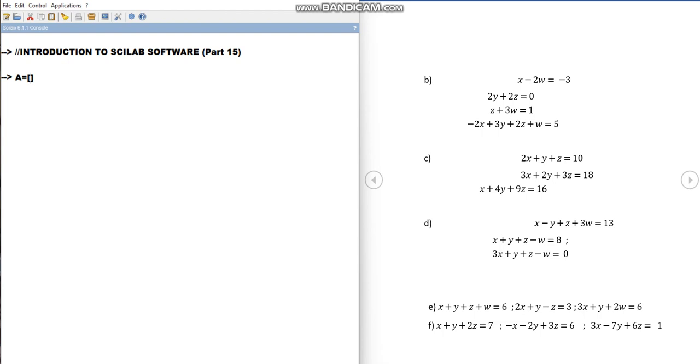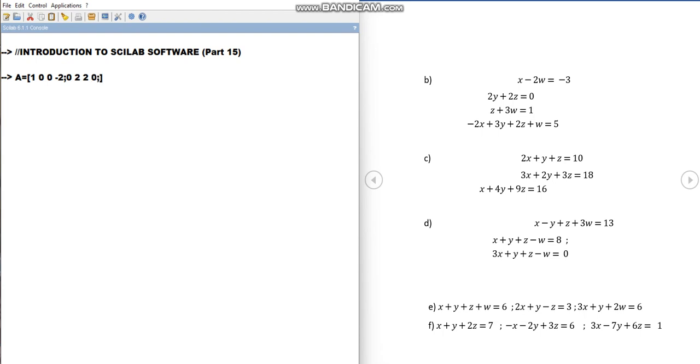So it is better if you write the matrix representation and then type here the actual coefficient matrix. But let us see how we can manage. A is a matrix where first is the coefficient of x which is 1, coefficient of y which is 0, coefficient of z which is 0, then coefficient of w which is -2. For the second row, the coefficient of x is 0, y is 2, z is 2 and w is 0.